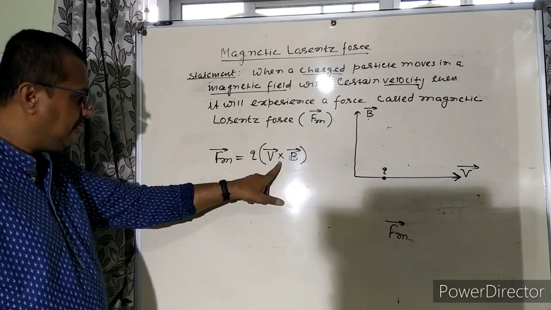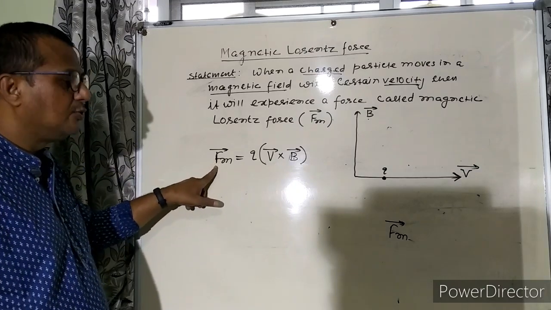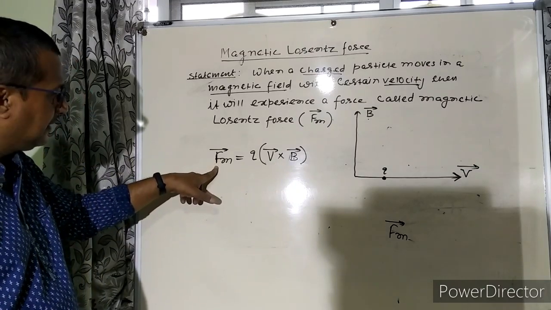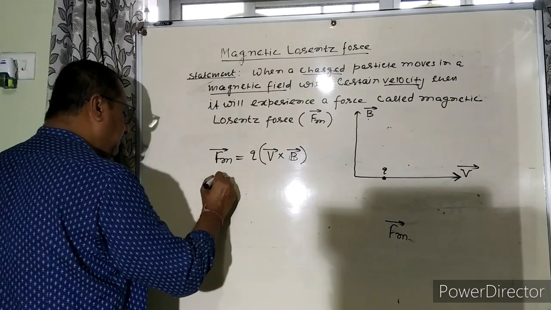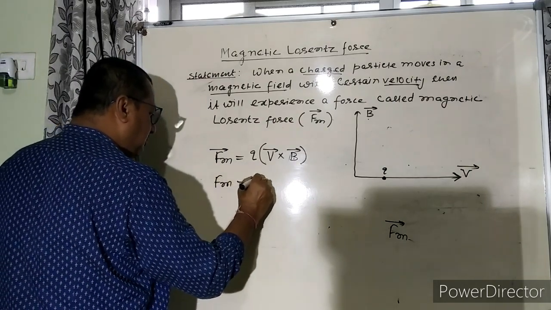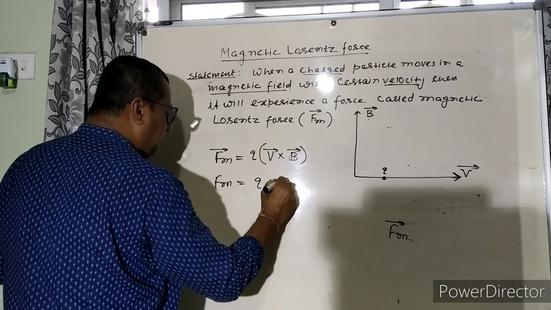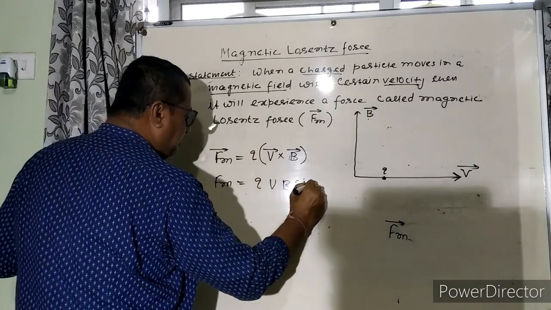We have taken cross because force is a vector quantity. So we get Fm equal to q v B sin theta.